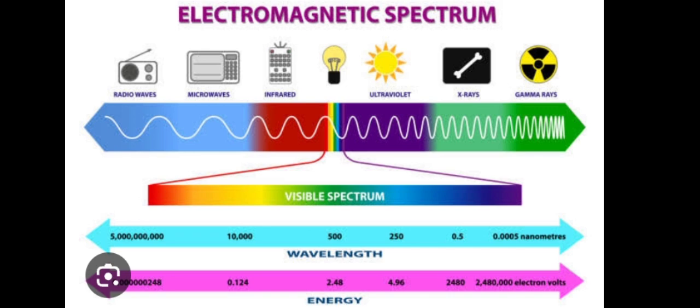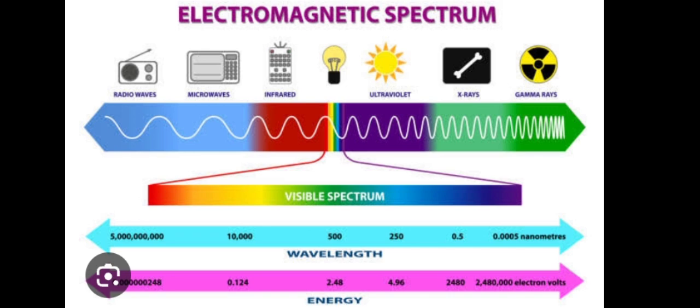So here are the types of electromagnetic radiation. First is radio waves, which are used for communication, broadcasting, and navigation. Second is microwaves, used for heating, communication, and radar applications.